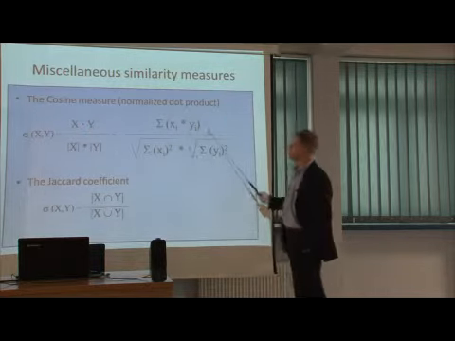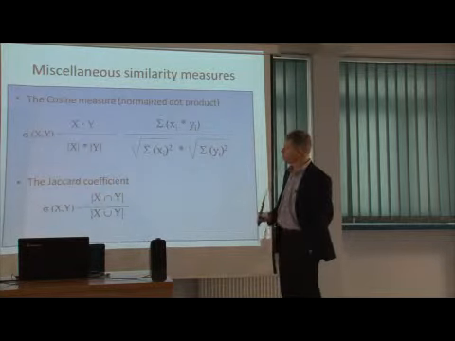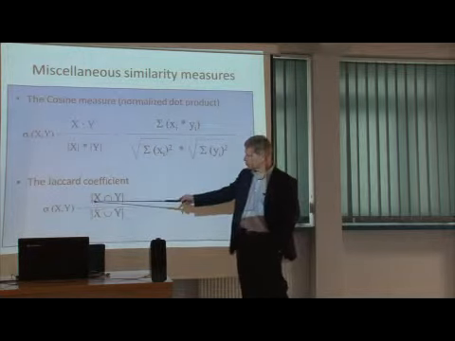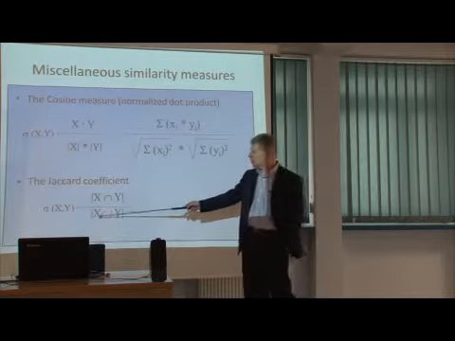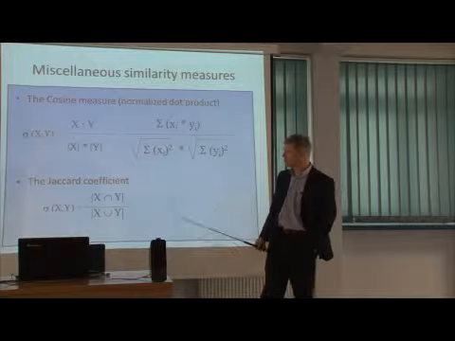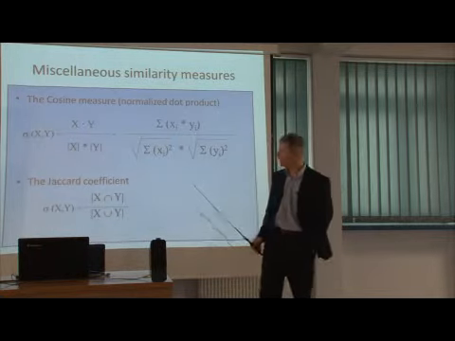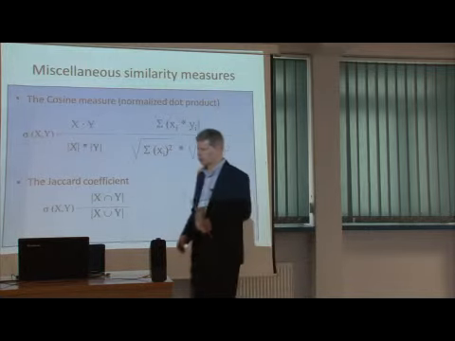So this thing is always smaller than 1. For the Jaccard coefficient, we essentially count the number of common items and divide it by the total number of items in X union Y. So again, this would be a measure between 0 and 1.